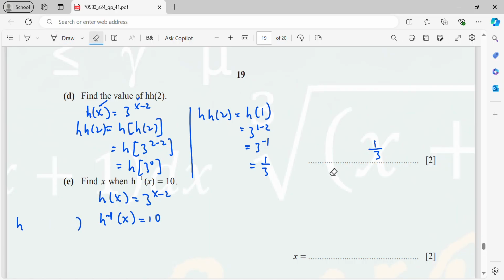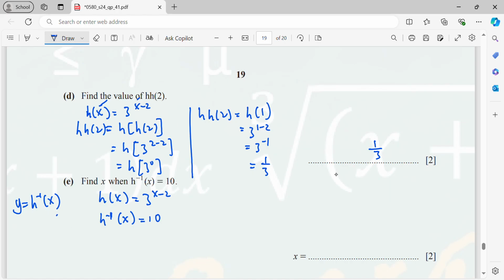My x maps to y by h inverse. So y equals h inverse of x, right?